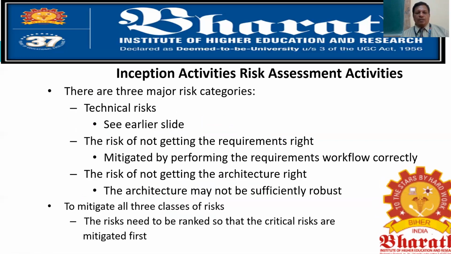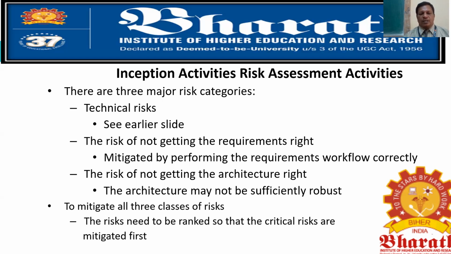So the risk assessment activities continue. There are three major risk categories. The first is technical risk, which is the hardware and software risk we discussed in the earlier slide. The second risk factor is the risk of not getting the requirements right, mitigated by performing the requirements workflow correctly. The risk of not getting the requirements right means the product development activity is not in the right way.